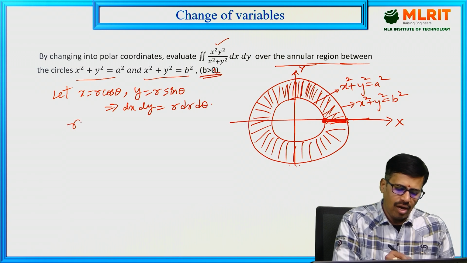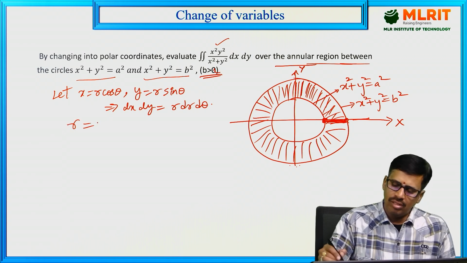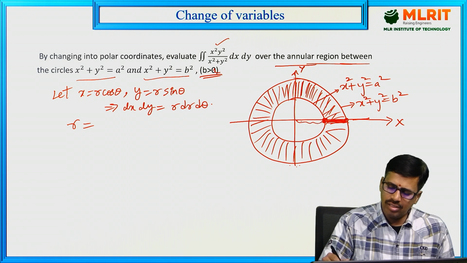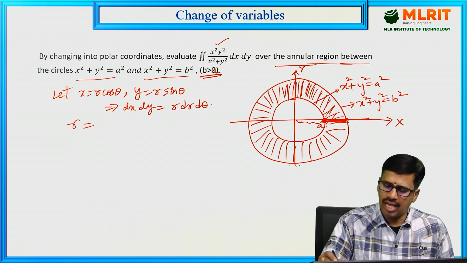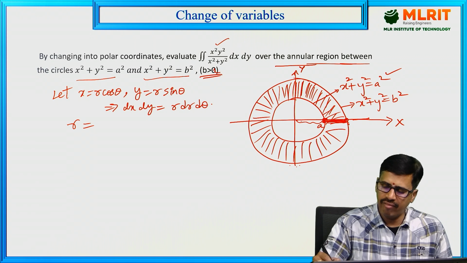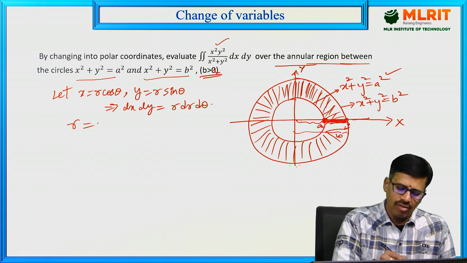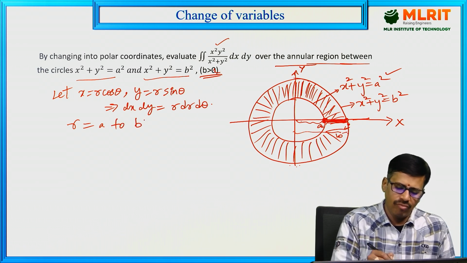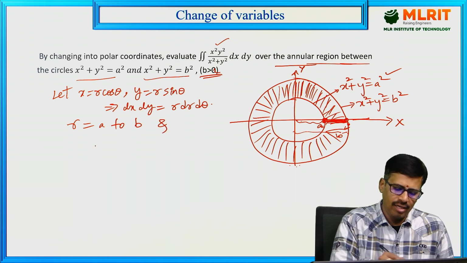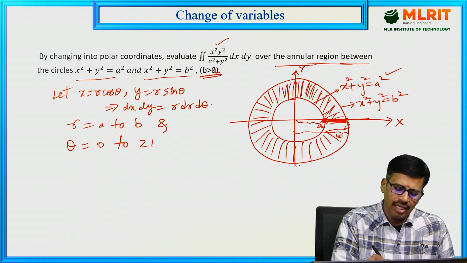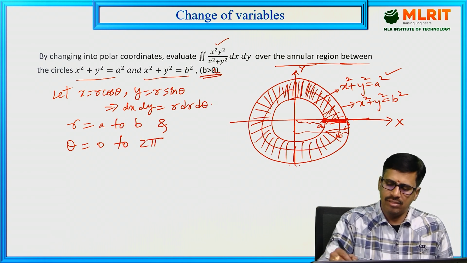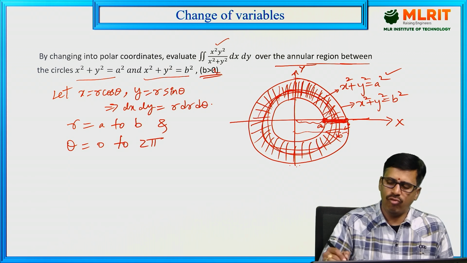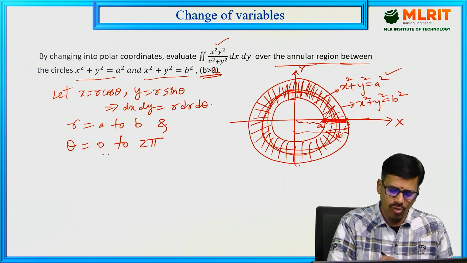Clearly r varies from, this is r, this limit is a, inner circle is having radius a, outer circle is having radius b. So this is b. So r is equal to a to b. We got r limits, and theta limits, we want to complete the region between these two circles, we want the total area. So theta is 0 to 2 pi.